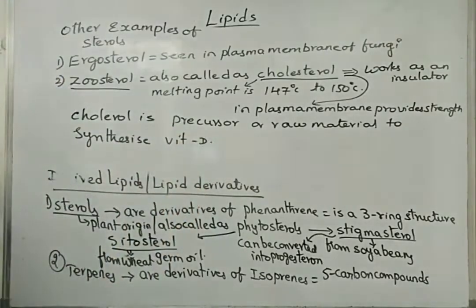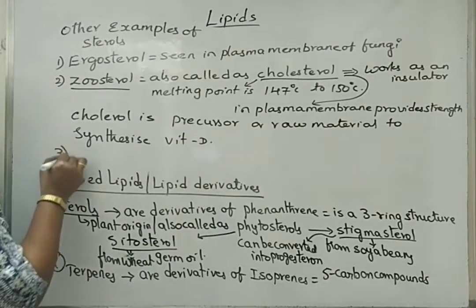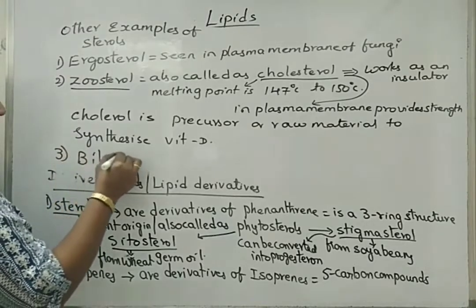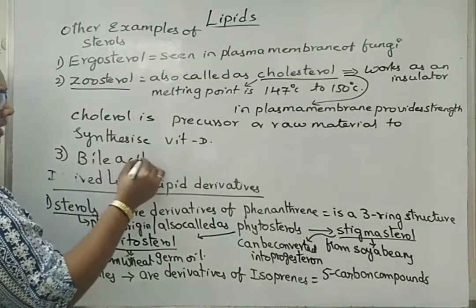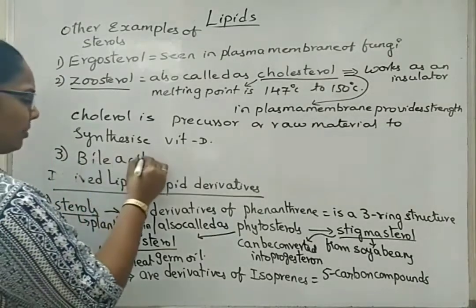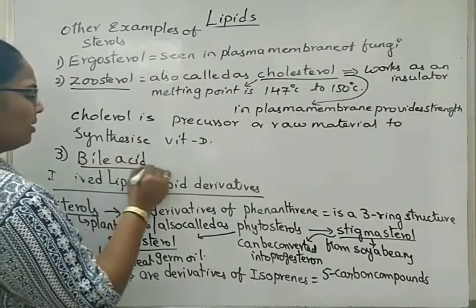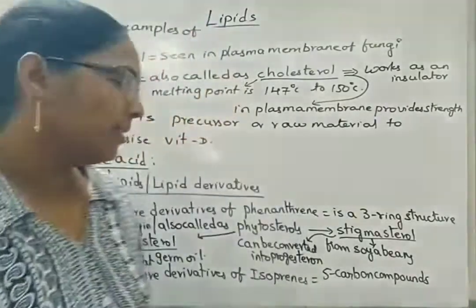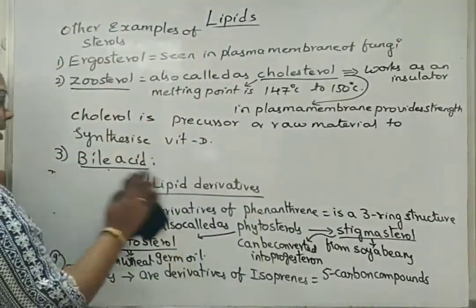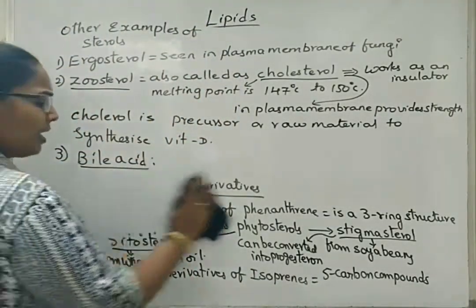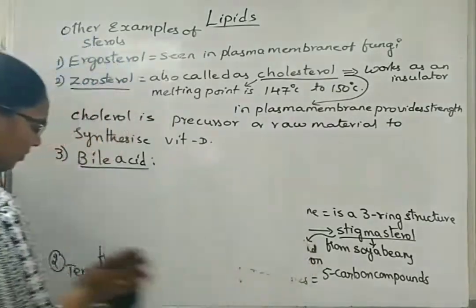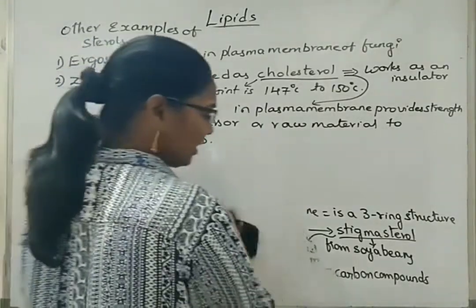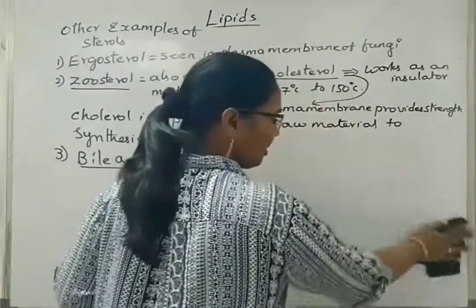Next, other examples are bile acids. Bile is the secretion from the gallbladder or the liver, as we commonly say, and it is considered an emulsifier. Emulsification means conversion of large particles of lipids into very small particles such that enzymes can easily act on them.